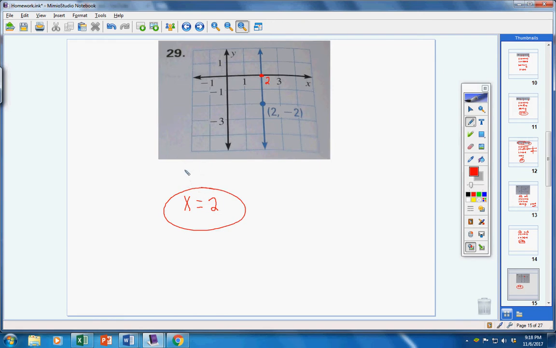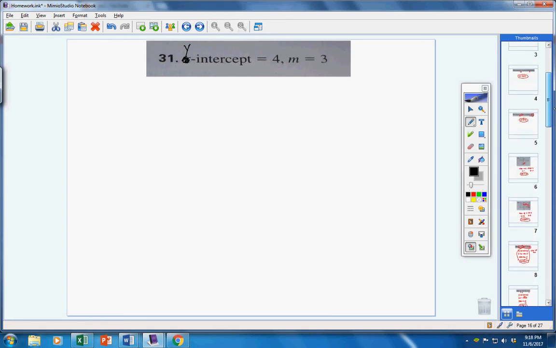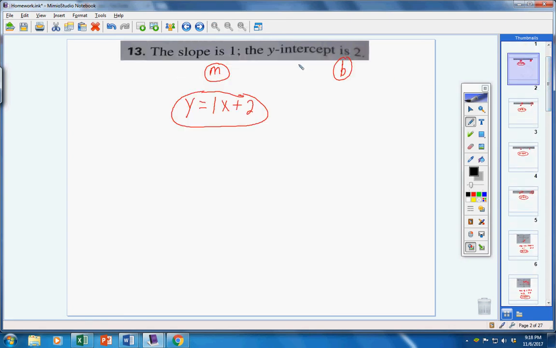Alright? Number 31. Now, listen carefully. If this problem would have said the y-intercept is 4 and your slope is 3, then let's go all the way back to our first problems that we did, where you were given the y-intercept and the slope.